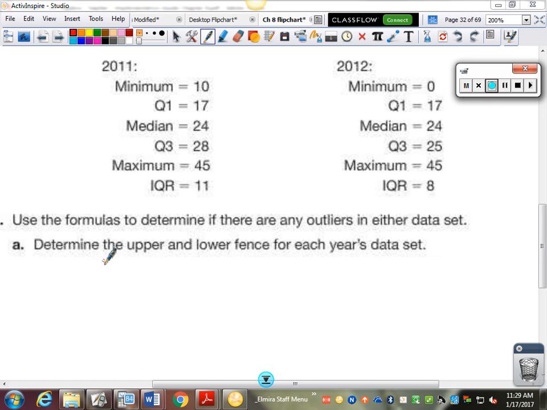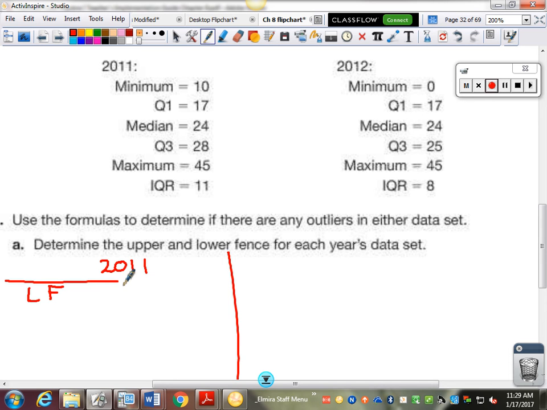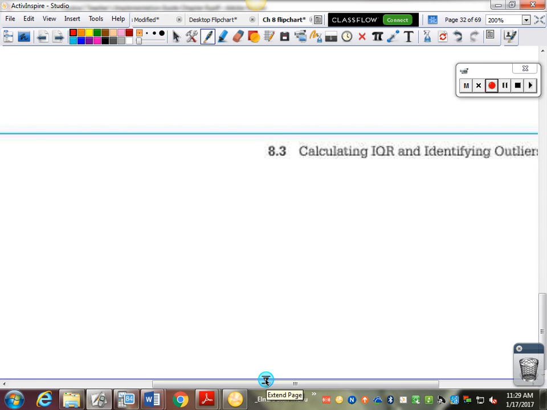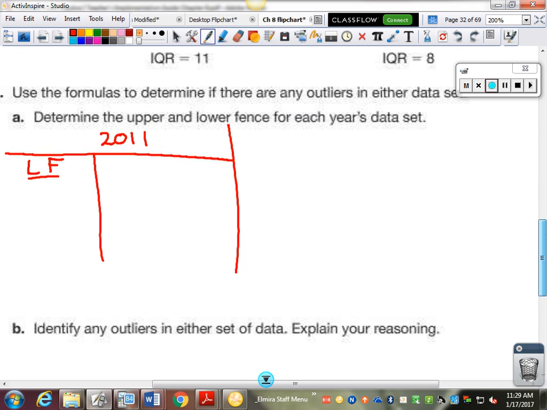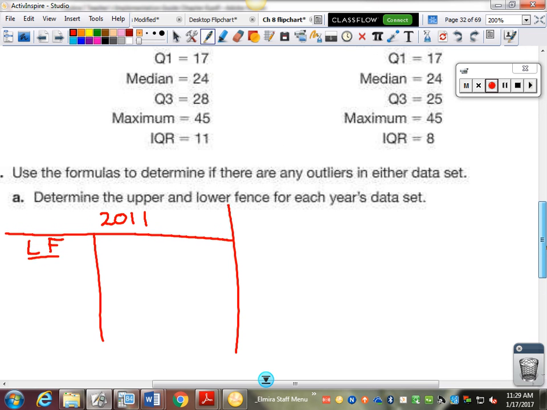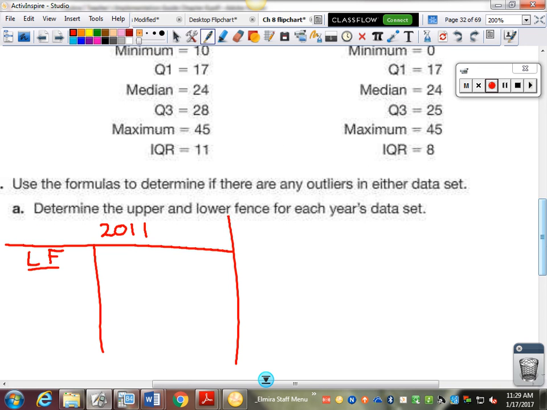To calculate our 2011 lower fence, we're going to take our Q1, 17, subtract, parenthesis, our IQR 11 times 1.5.